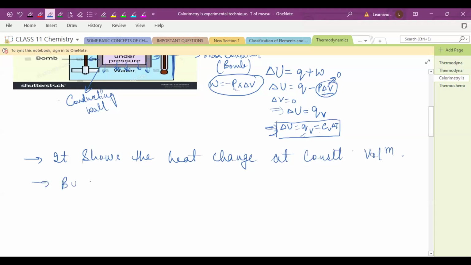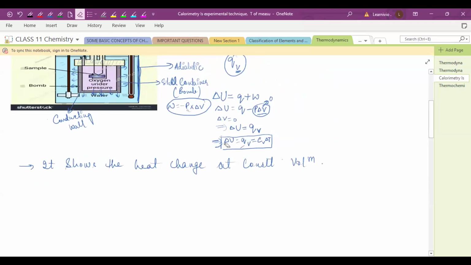No need to write down this point, just try to understand this. You should know this equation: delta U is equal to QV is equal to CV delta T. By knowing these values, we can calculate how much heat is released or absorbed by the sample or system.